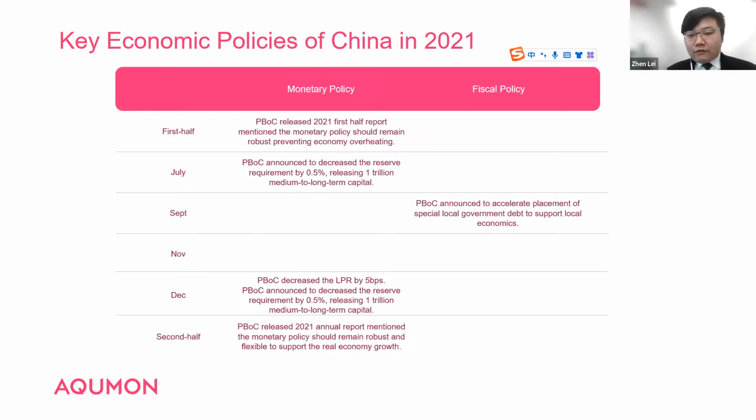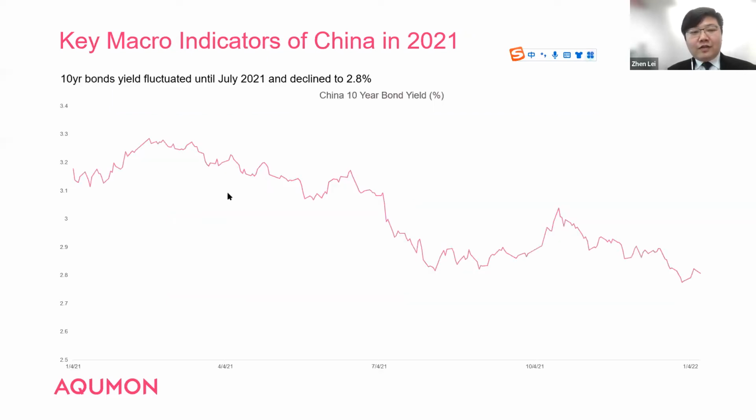And for the fiscal policy, most of China's fiscal policy is related to tax benefits for the corporations and for the households. And we can see that because of these policies, the yield of the 10-year Treasury bond of China fluctuated in the first half of the year and went down significantly from above 2.3% to around 2.8%.